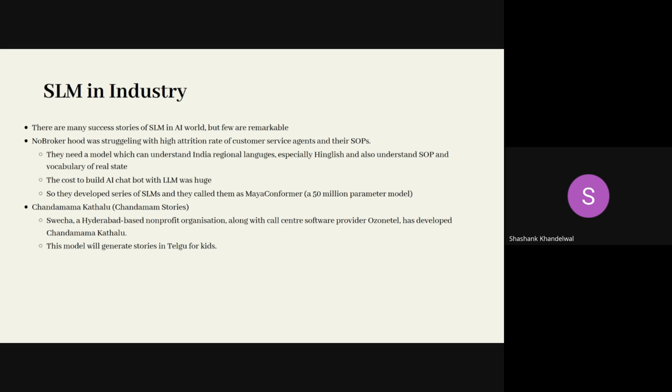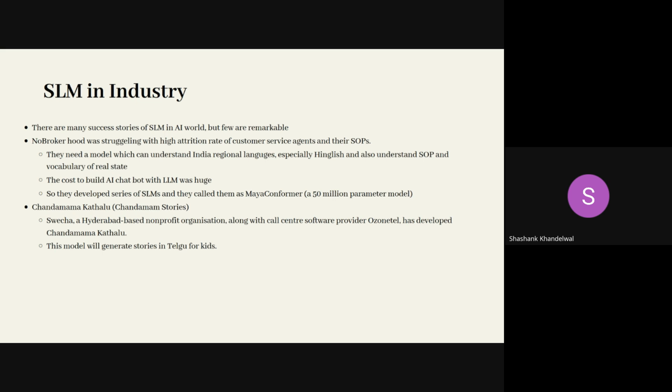So what they did is they developed a series of SLMs, and they call that series the Maya series. They created a Maya Conformer, a 50 million parameter model, and using this model they are able to deal with Indian regional languages.